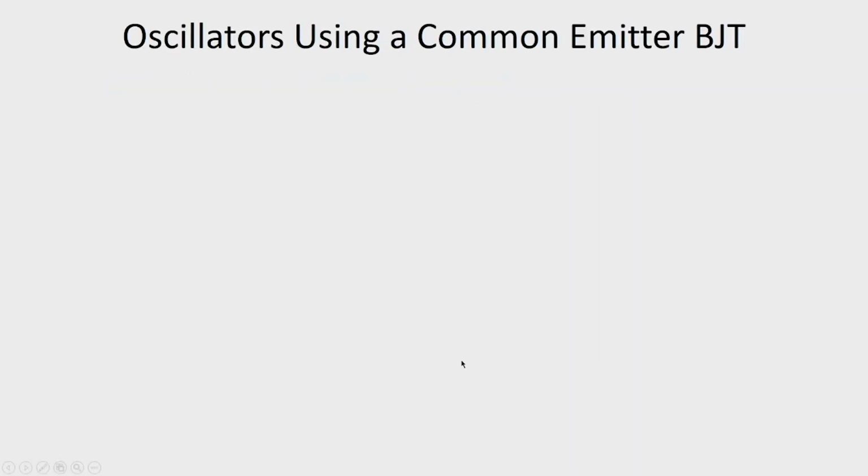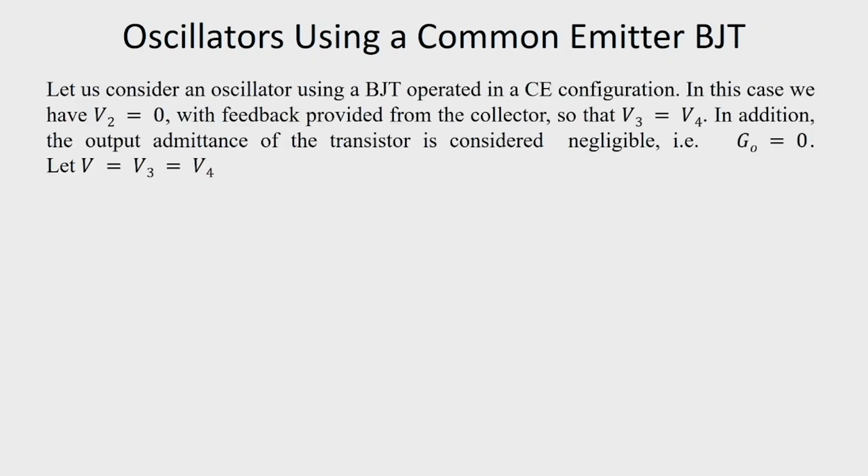So, let us now consider an oscillator circuit using a common emitter BJT. Now, in this oscillator using BJT, we will operate the BJT in CE configuration, and in this case we will have V2 equal to 0 with the feedback provided from collector.